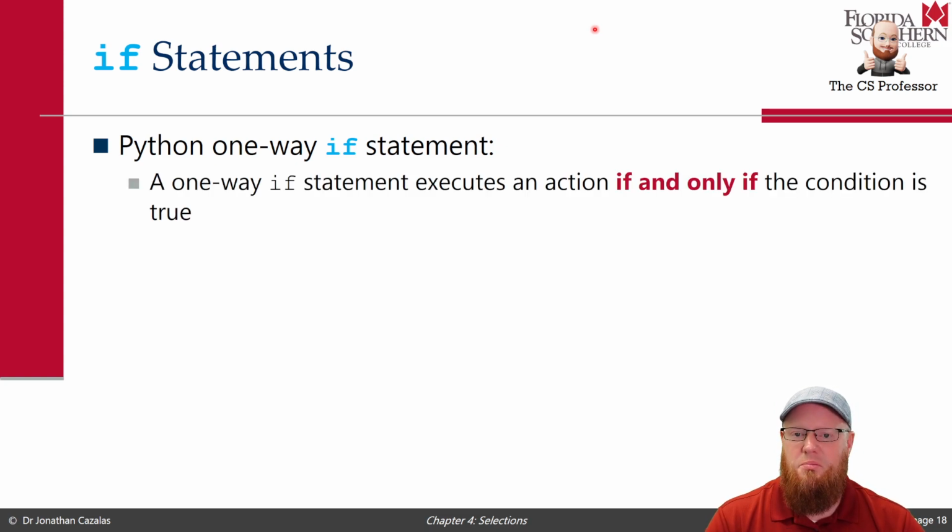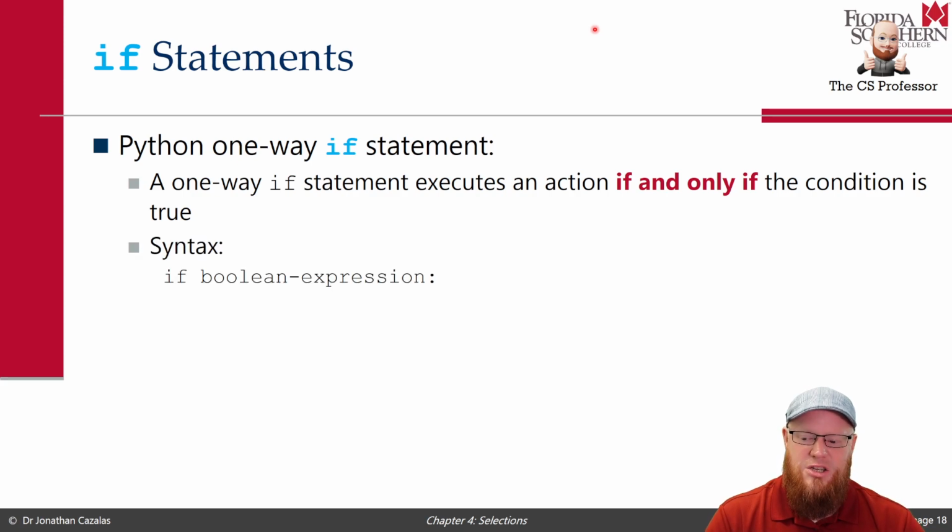A basic Python one-way if statement is simply you take a path, you go down a pathway, and you execute maybe a series of statements if and only if the given condition is true. So if, and what follows the if is a Boolean expression followed by a colon.